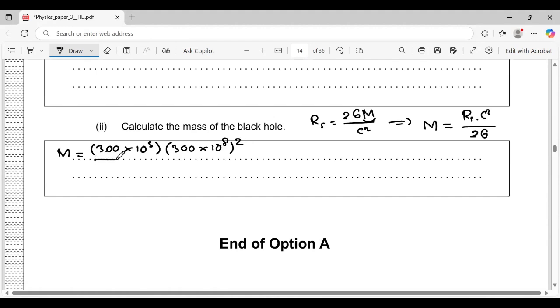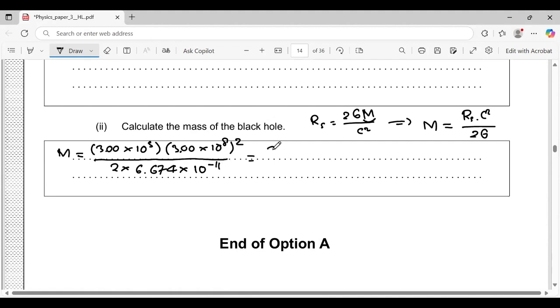squared, and then divided by 2G, meaning 2 times 6.674 times 10 to the power minus 11.